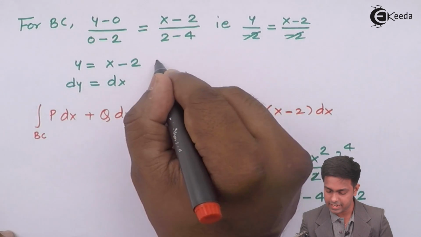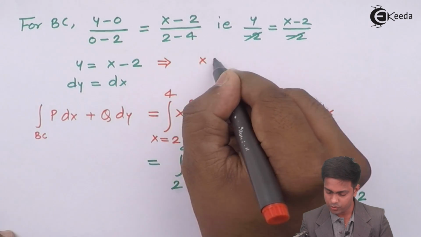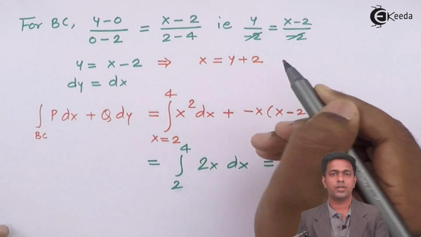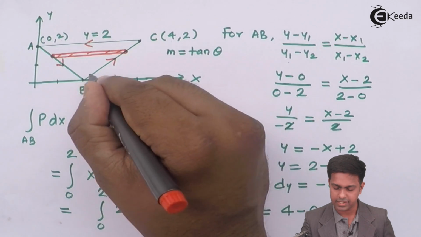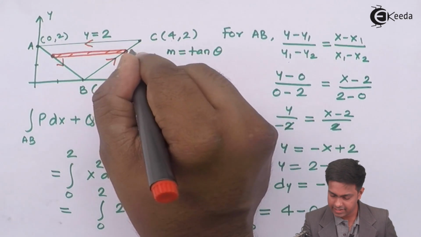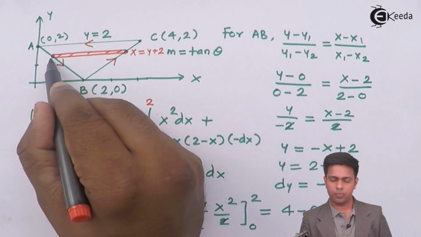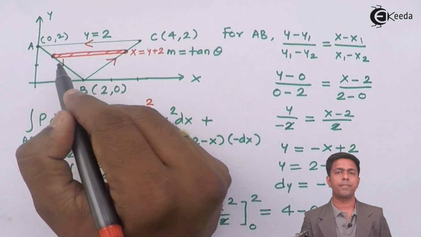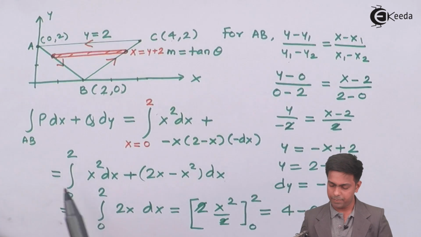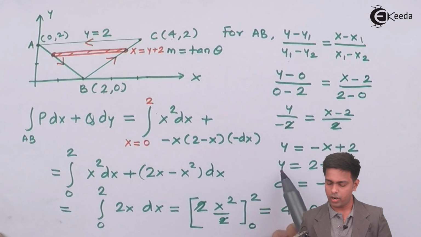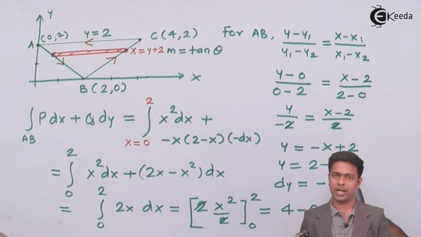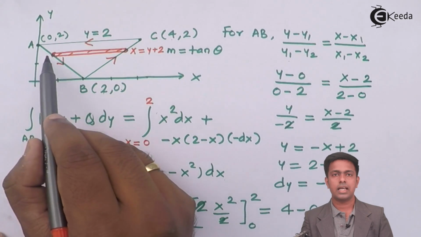So guys, here I can say that the value of x is equal to y plus 2. So here along this line BC, I can say x is equal to y plus 2. Similarly, this point is on the line AB. So the equation of line AB here we got as y equal to 2 minus x. But I want the value of x.